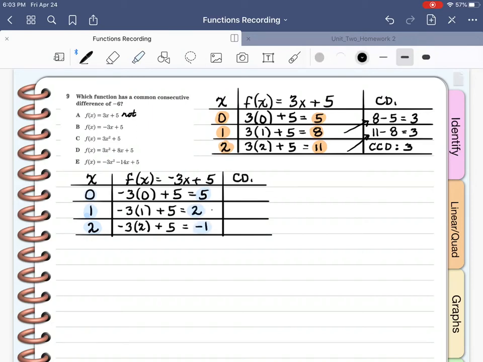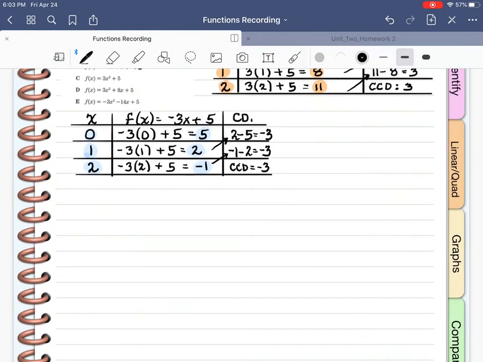And then we have to do consecutive difference. So 2 minus 5 is -3. And then negative 1 minus 2 is negative 3. So the common consecutive difference is negative 3. And that is not what you and I are looking for. We're getting there. It's just kind of slow going.